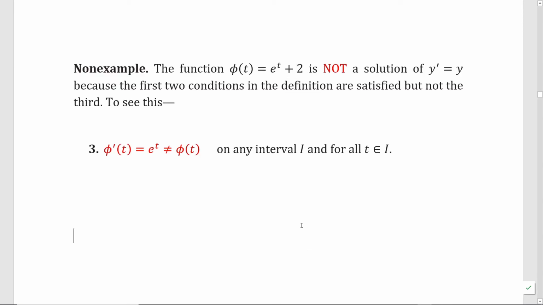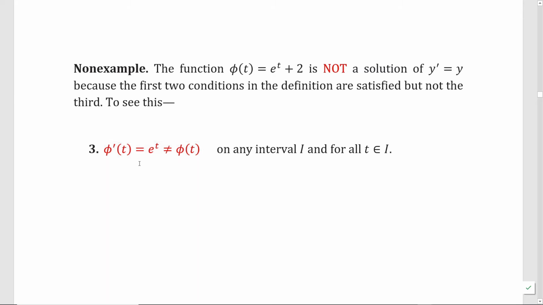Let's see a non-example. Let's have a function phi of t equals e to the t plus 2. This is not a solution of the equation y prime equals y, because even though the first two conditions are met, namely phi is a real valued function and both phi and its first derivative phi prime exist, the third condition is not satisfied.